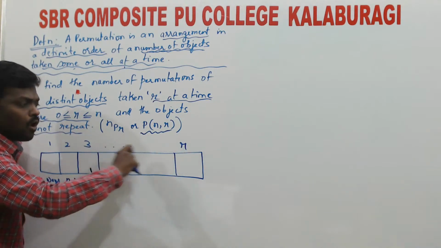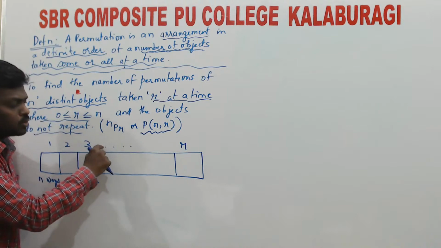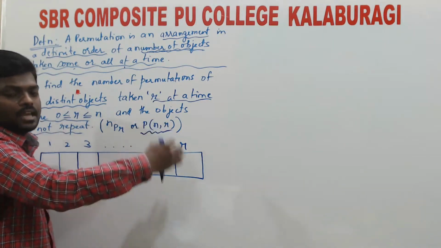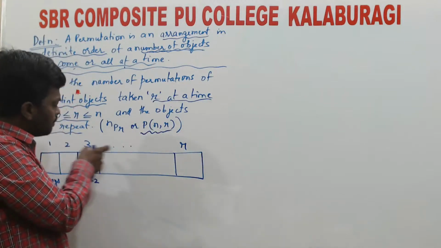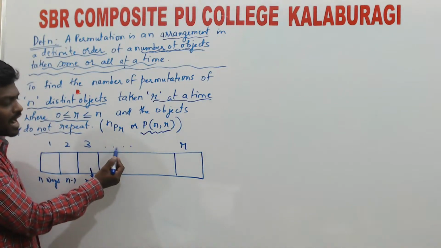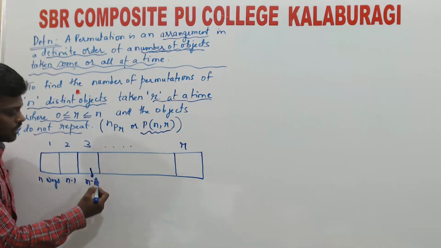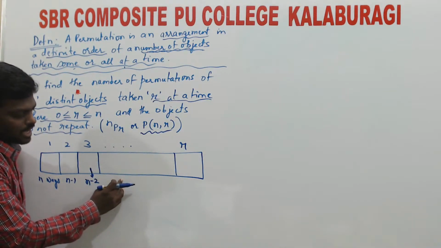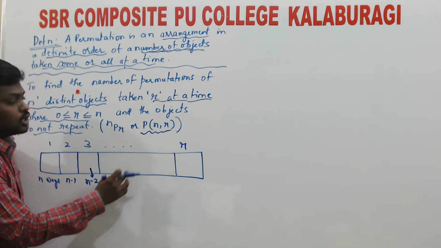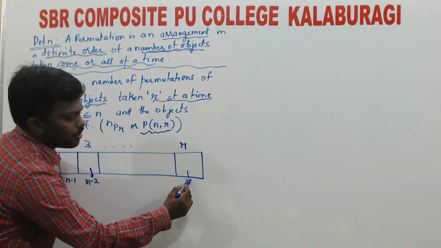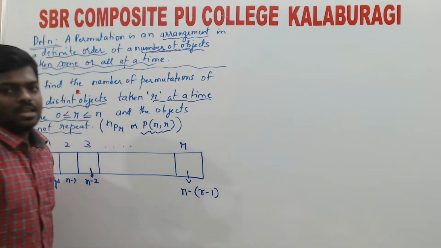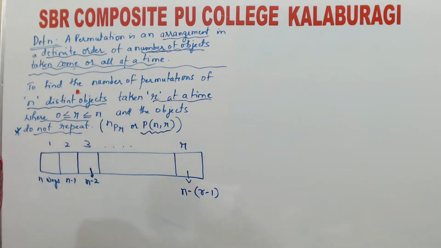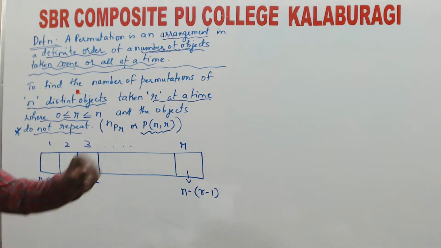I cannot write all the boxes up to r, because there are infinitely many between, which is why I have added a dot. And to fill the rth box, we have n minus (r minus 1) ways.